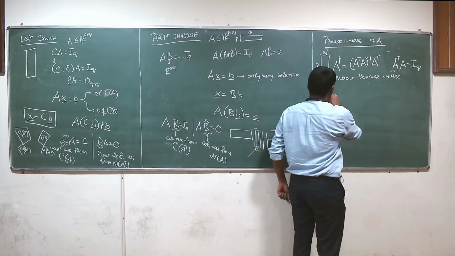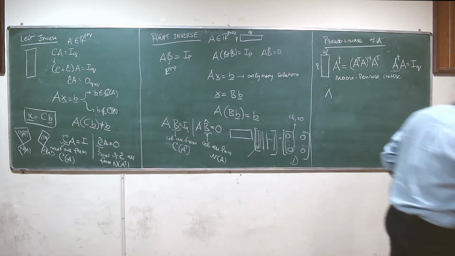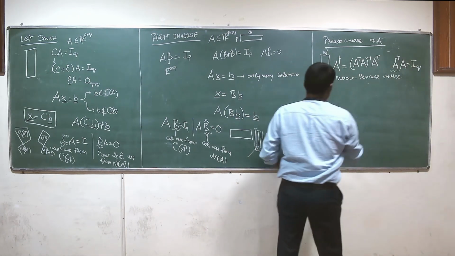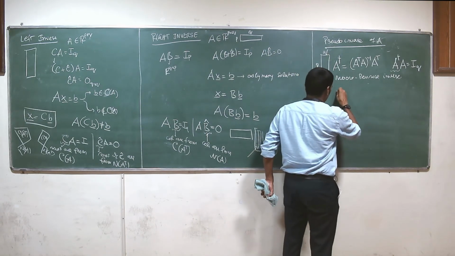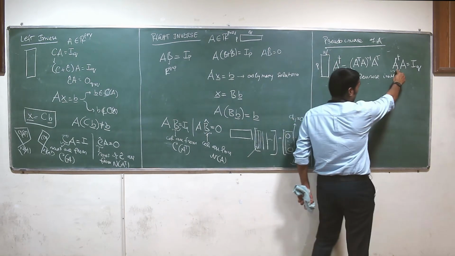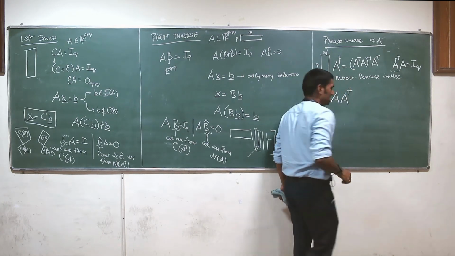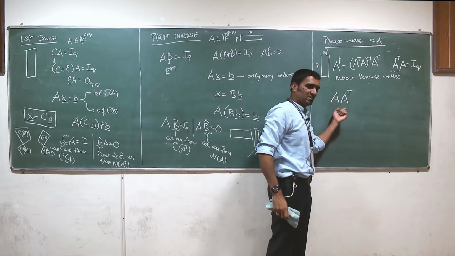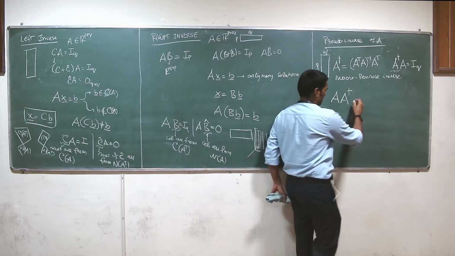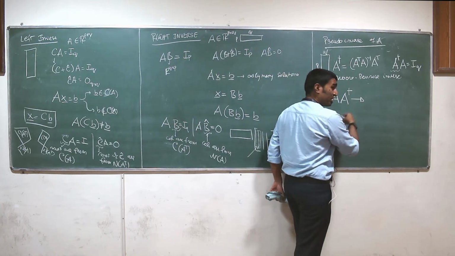Because the pseudo inverse, right, is the matrix, or let me put it this way. The pseudo inverse is a left inverse of A, but if you do this, right, if you post multiply, you get a P cross P matrix.